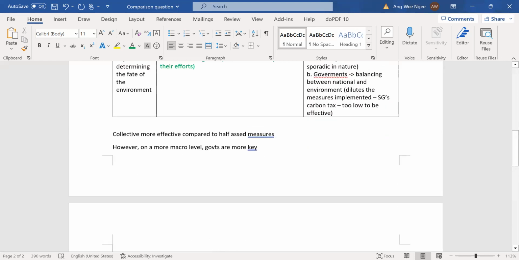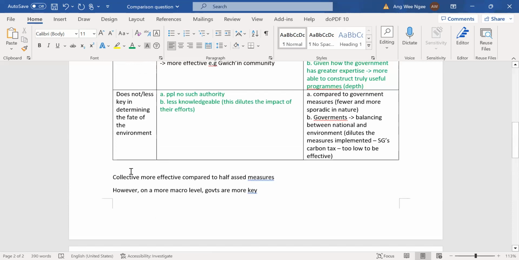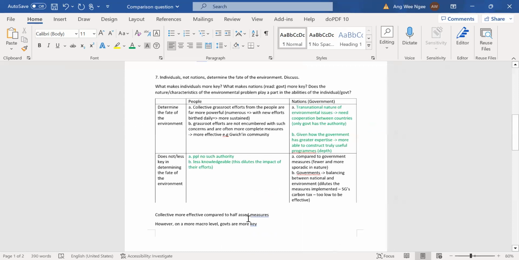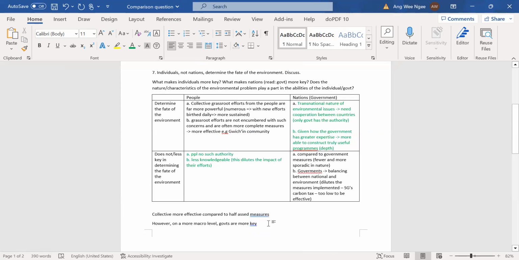Let's see how it goes. Then compared to B, government have more expertise.